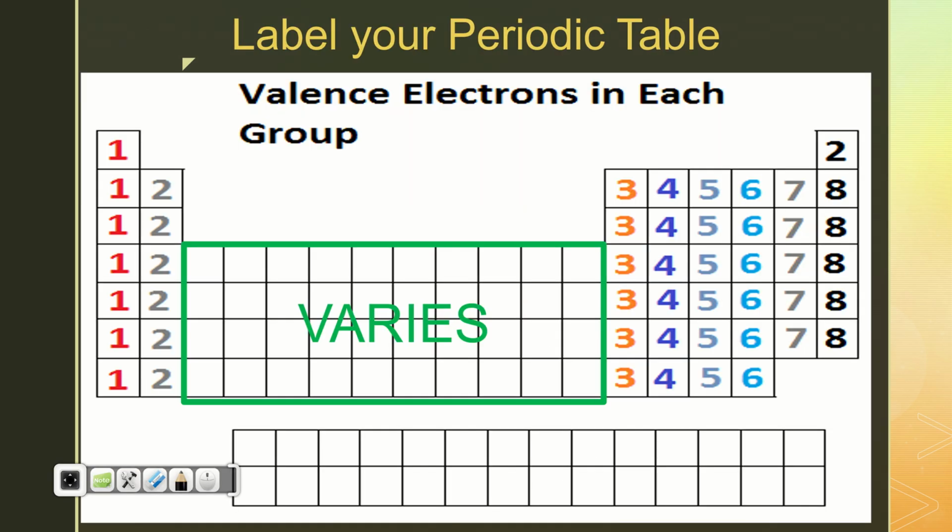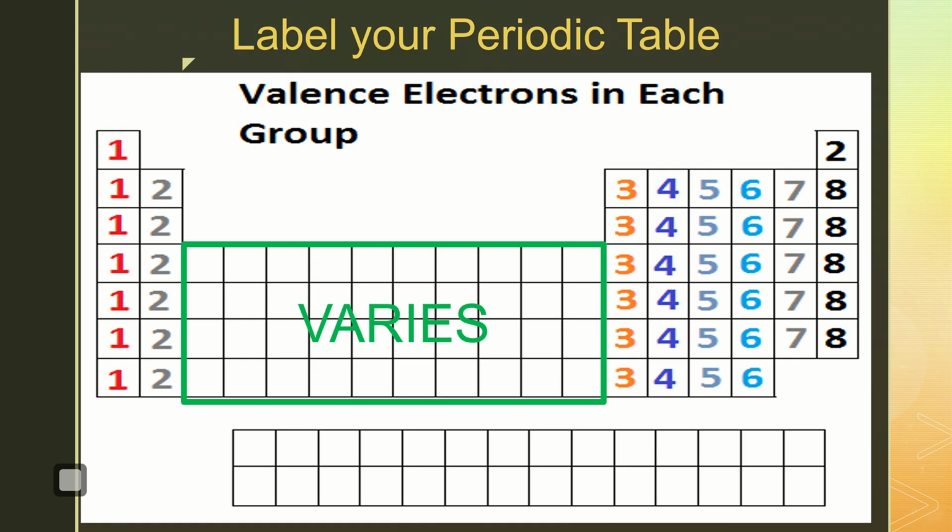Now the nice thing is the periodic table tells you how many valence electrons there are, okay? Basically what you do is if we look at the tall columns, okay, that's the big thing, we're looking at the taller columns, so not the middle and not the bottom, all right? We can just count across. Every element in the first group is 1. Every element in the second group is 2.